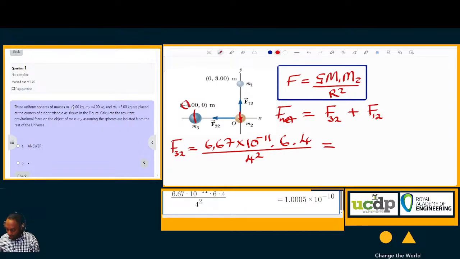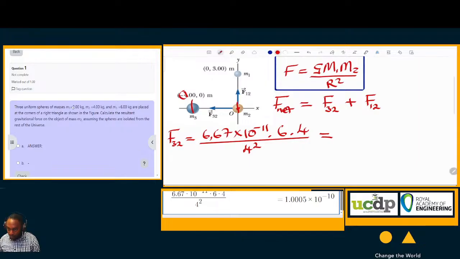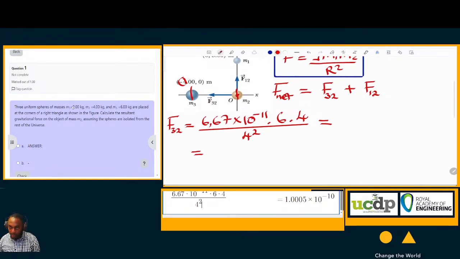Over 4 squared. Right, so that'll be 1.0 multiplied by 10 to the negative 10 newtons.